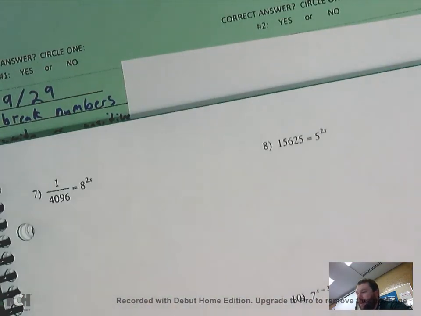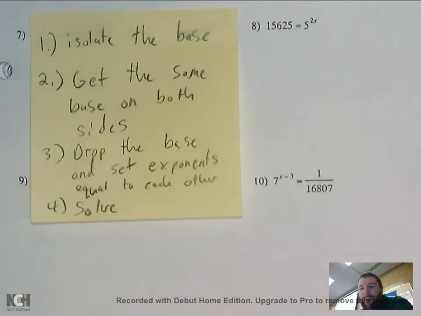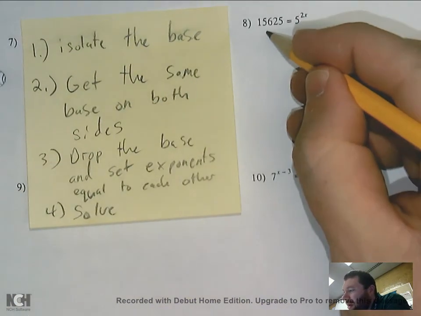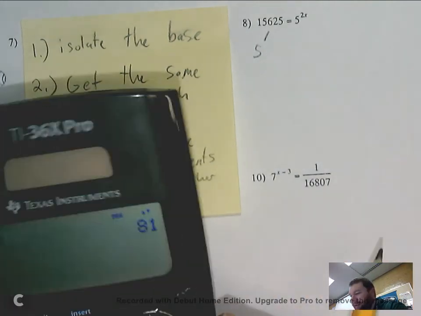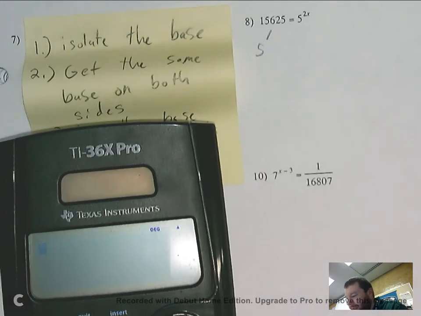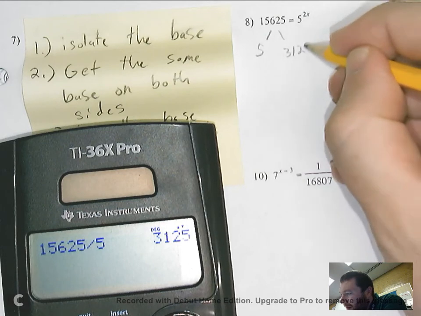Let's do number 8. So on this one, we're trying to get to a base of 5. So we're going to divide 15,625 by 5 until we get to 5. 15,625 divided by 5 is 3,125.